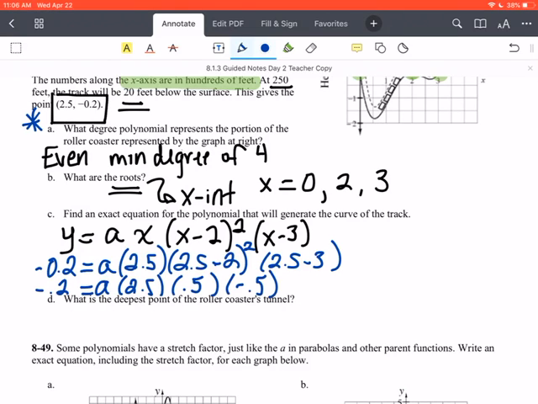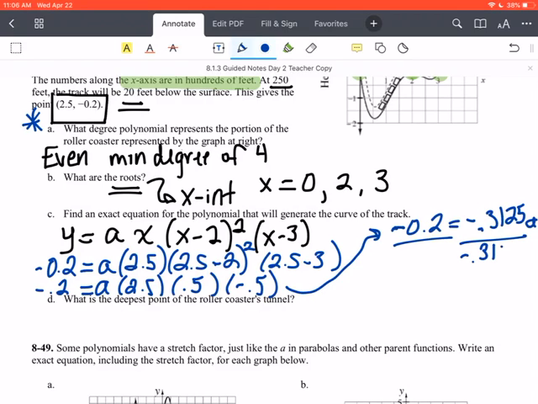Okay, so then when we go ahead and do the multiplication, we get -0.2 equals, and we take 2.5 times 0.5 times -0.5, and we get -0.3125. And what's attached to that? An A. Okay, so now in order to solve for A, we divide both sides by -0.3125.